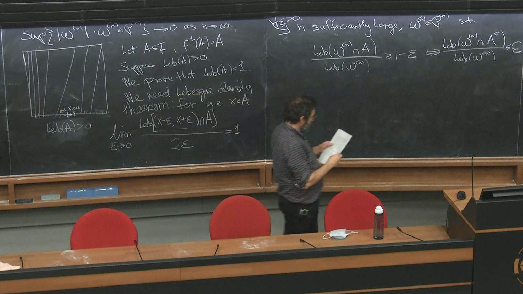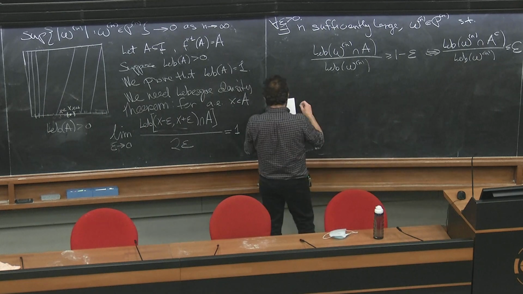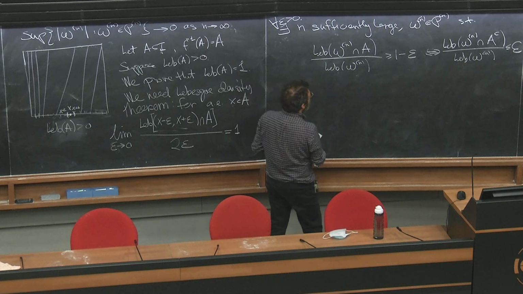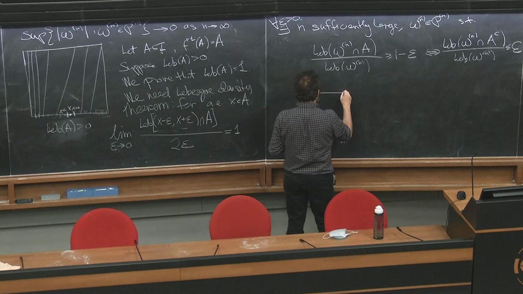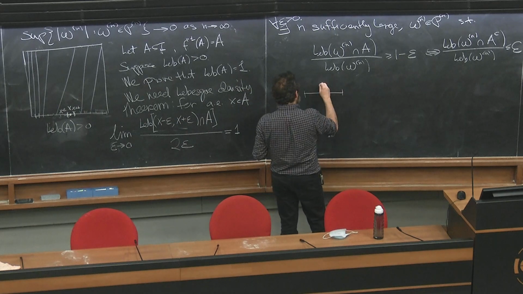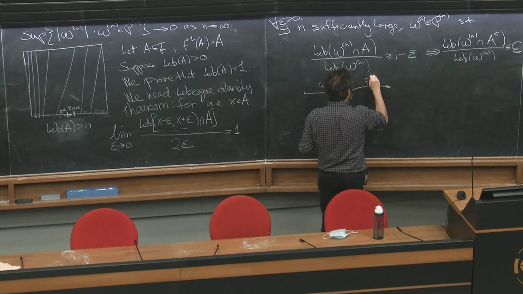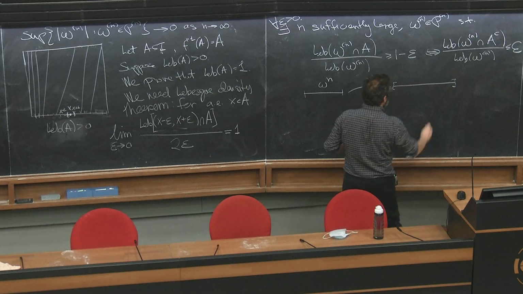And now, this implies, so now I have, this is omega n, and omega n by Fn maps to the whole interval.